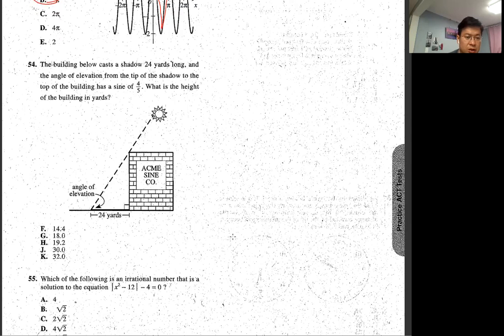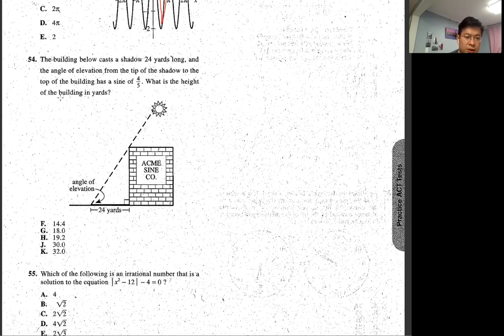What is the height of the building? This height, this is the angle of elevation, and the shadow of the building is 24 yards long. Sine theta is 4/5, that's given.